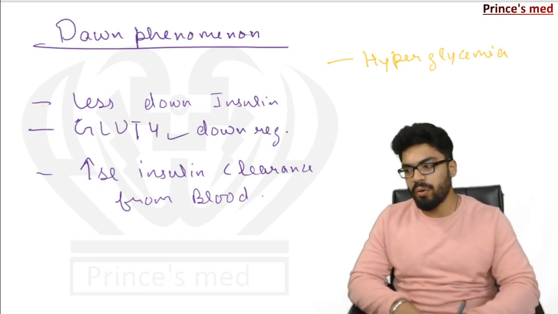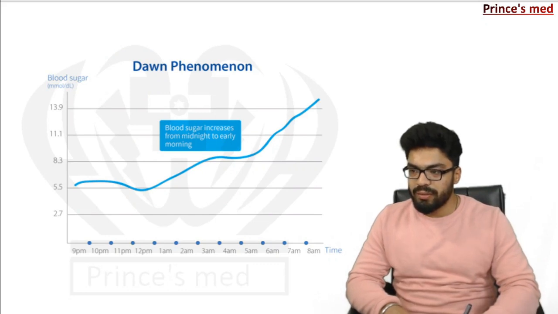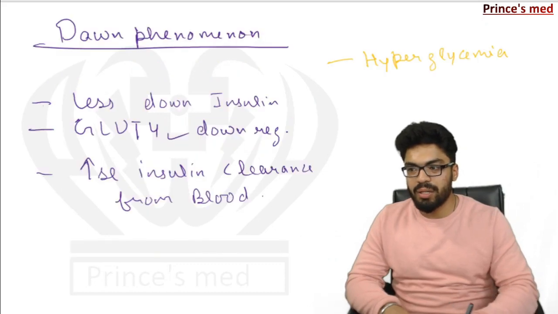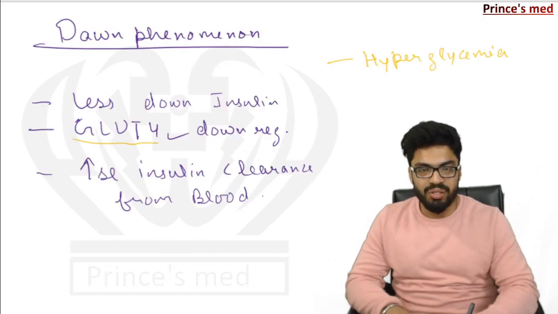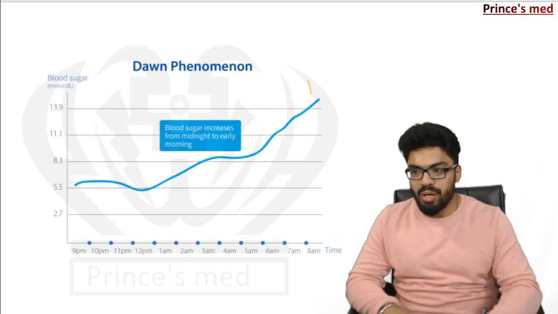Like this, a person slept at 9 p.m. Slowly glucose level increases in the blood due to less insulin or less glucose intake as GLUT4 down regulation takes place in the adipose tissue or muscle tissue, which leads to hyperglycemia in the morning, in which these phenomena.